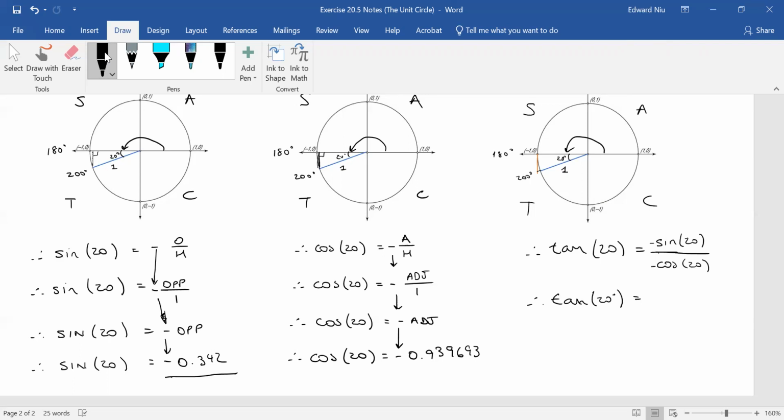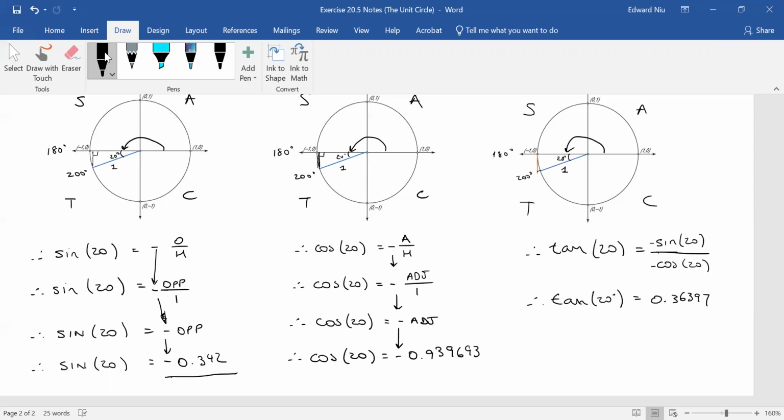Negative sine 20 divided by negative cosine 20. Okay, so we got a positive 0.36397. All right, as our height here.